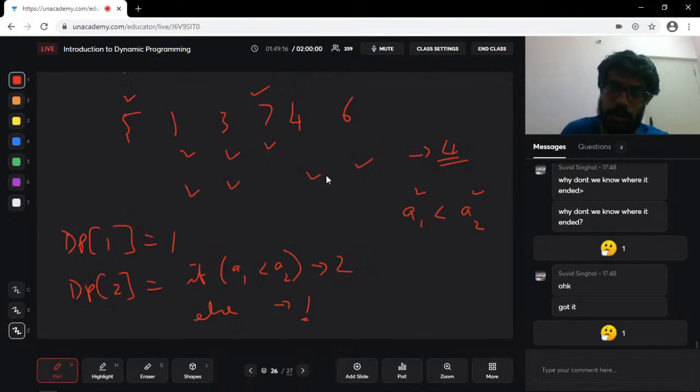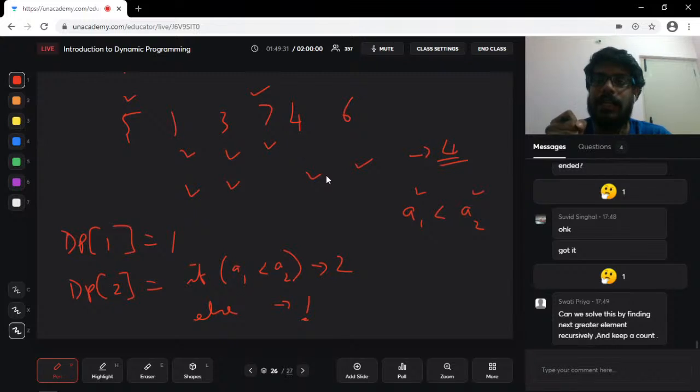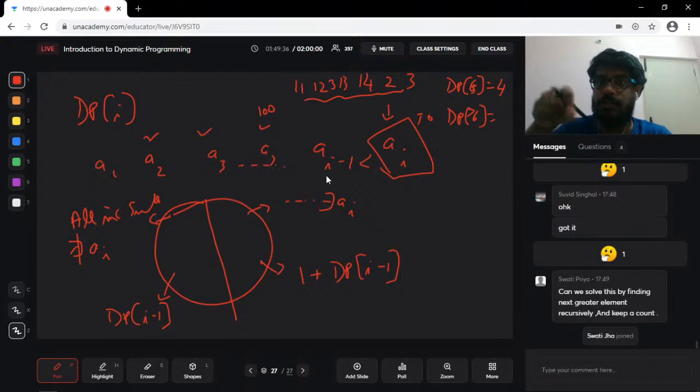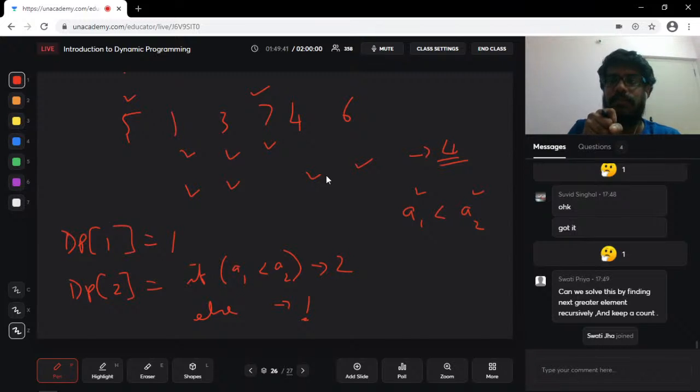So now we are going to go back to the definition of DP and put in extra constraints. I'm not going to look at all the valid increasing subsequences of A1 to AI. I basically want a handle on where these increasing subsequences end. That is where I was failing. I didn't know where they ended. So DP of I is not just any increasing subsequence in A1 to AI, but rather only those increasing subsequences which end at AI.